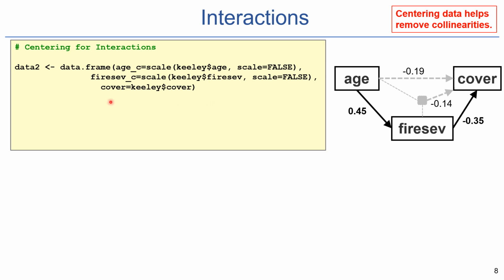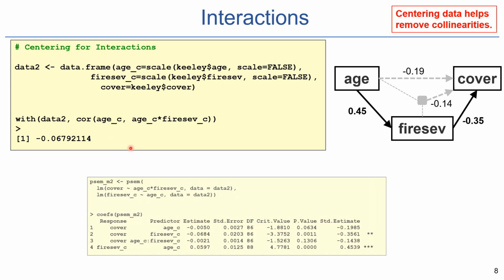But I keep our cover variable the same. When we then check the correlation between our variable age and the interaction between age and fire severity, which are centered here, you can see that we get rid of the collinearity between our variables.